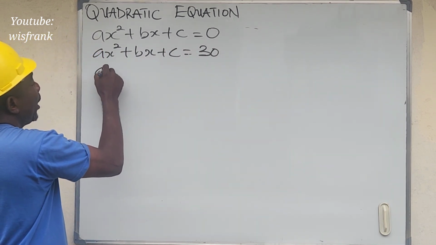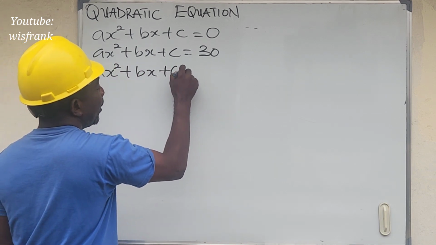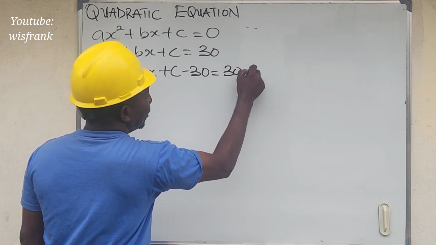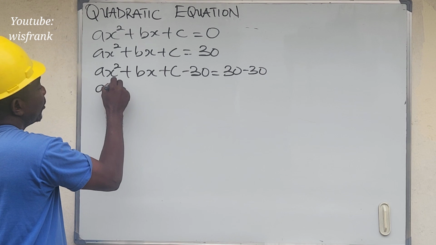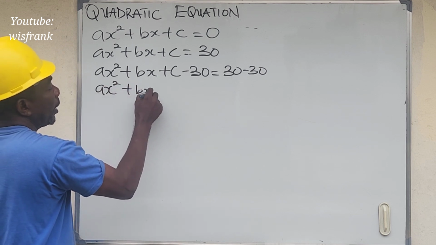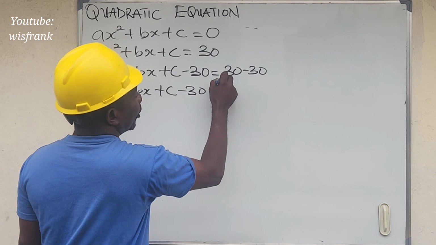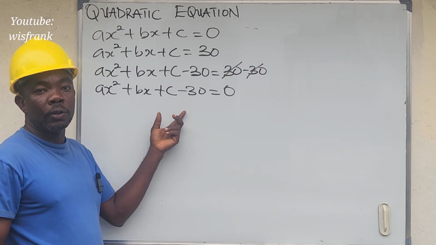This will become ax^2 + bx + c - 30 = 30 - 30. You can see that we still have ax^2 + bx + c - 30 = 0, because this cancels this. So we still have the other side equal to 0.